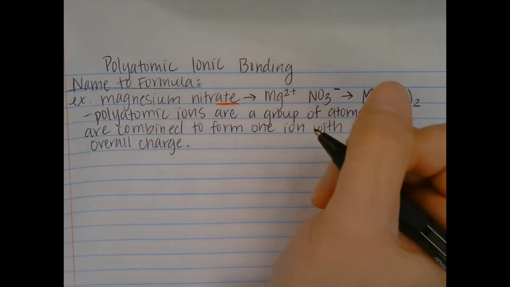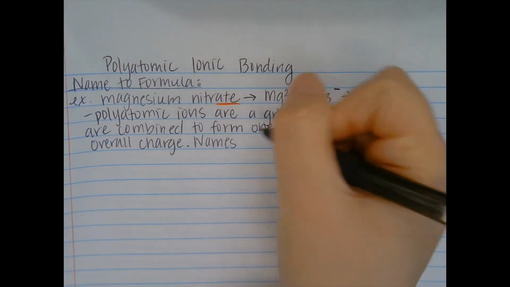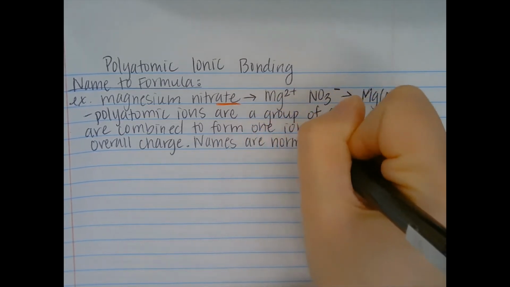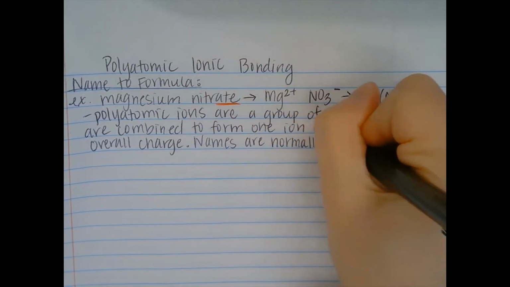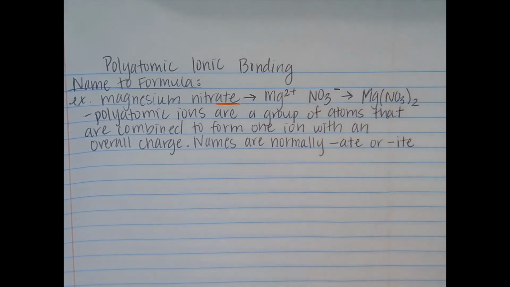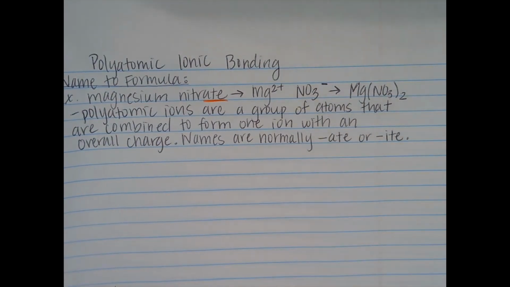Okay, the important thing when you're looking here is the name. So names are normally -ate or -ite. There are a few exceptions to this, because this is chemistry and there's always exceptions. But most of them are -ate and -ite. If you're ever not sure, just check the chart.